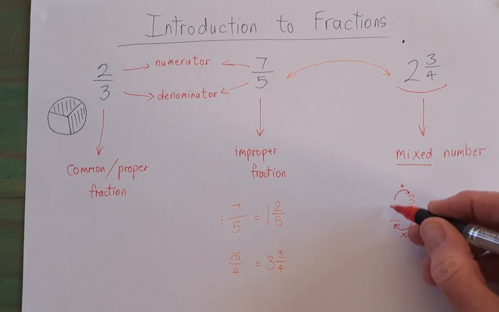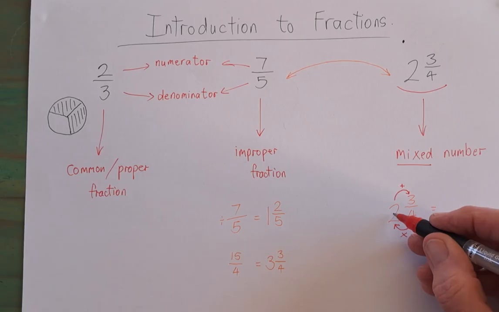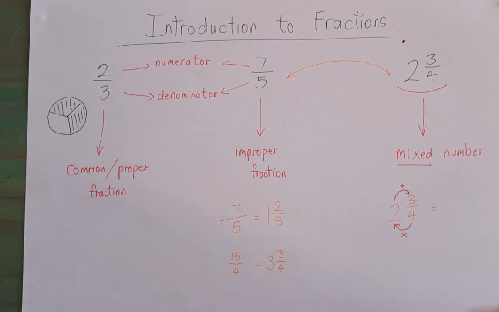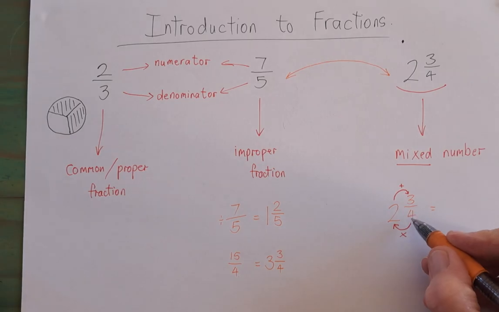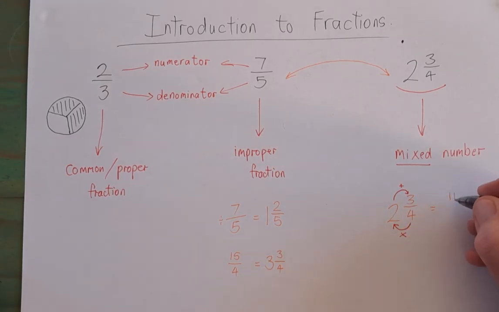It's almost like working in a circle. Multiply that by that, get the answer, and add the numerator onto the answer. So we're going to say 4 times 2 is 8. 8 plus 3 is 11 over whatever the denominator was, which stays the same.